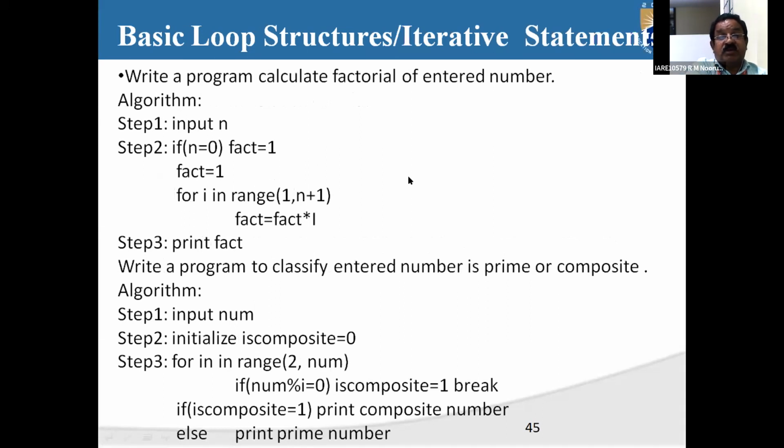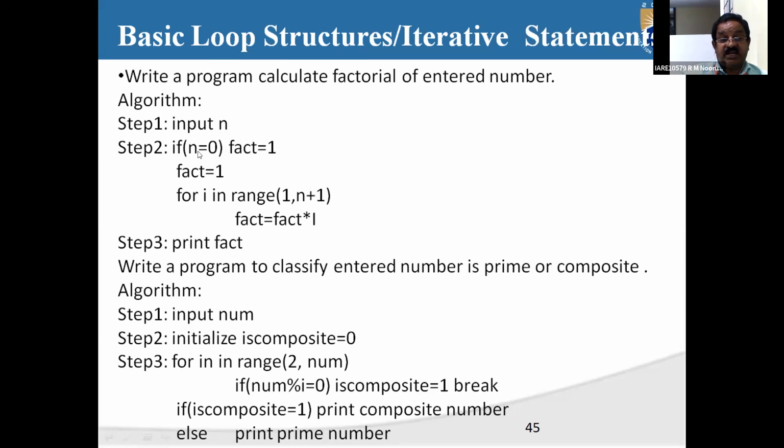Next, write a program to calculate the factorial of the entered number by using the for statement. You have to check whether the entered number n equals 0, then what is the factorial of 0? Factorial of 0 will be 1. It's going to print factorial 0 as 1.